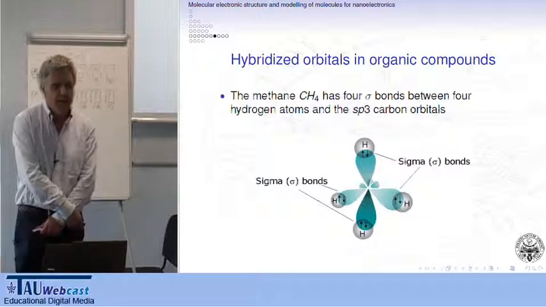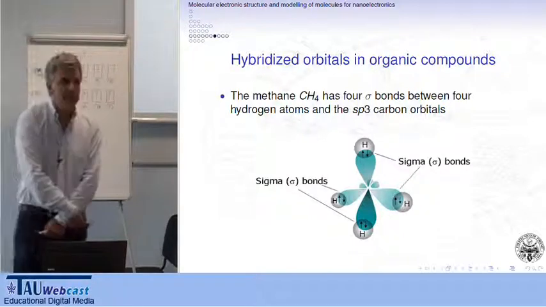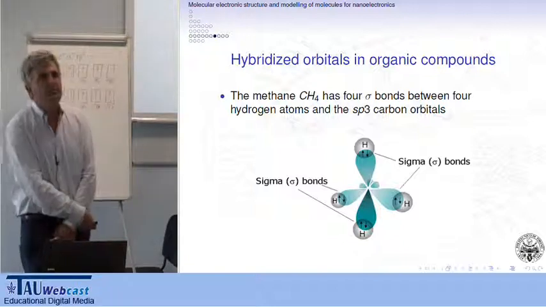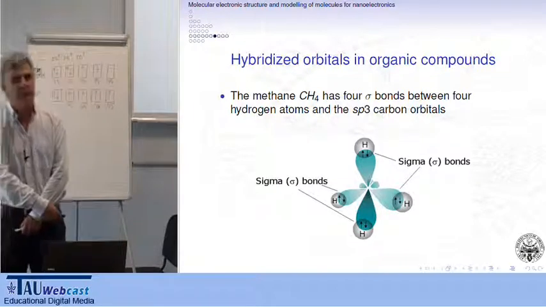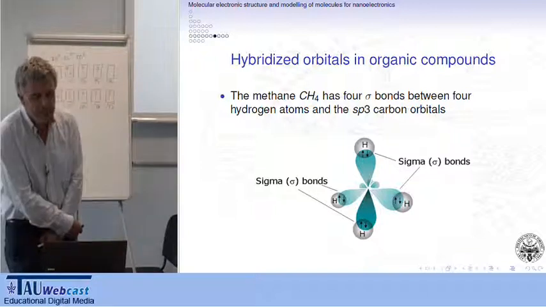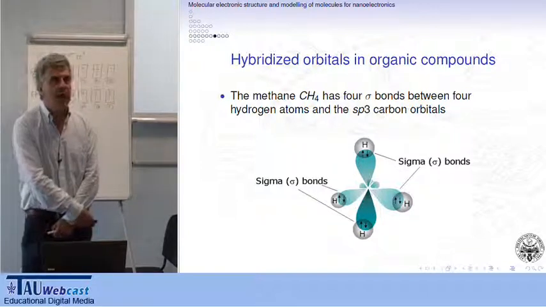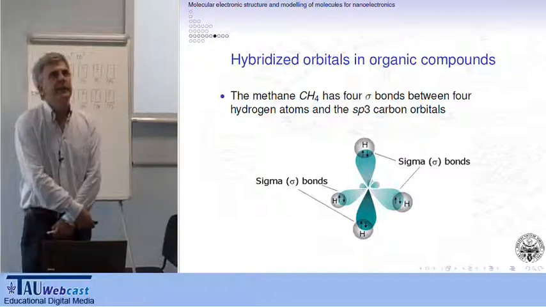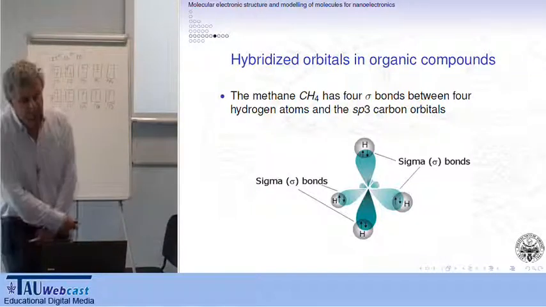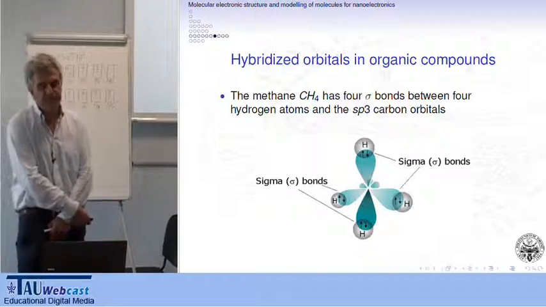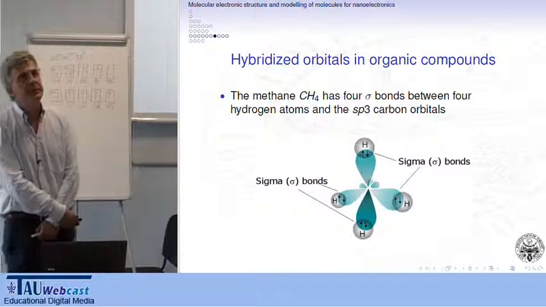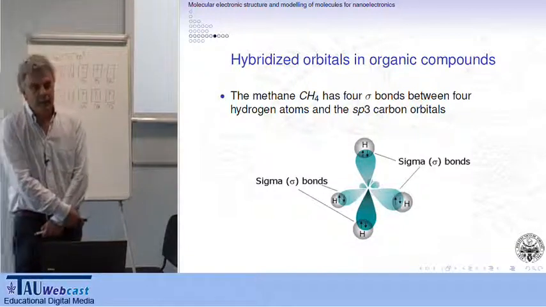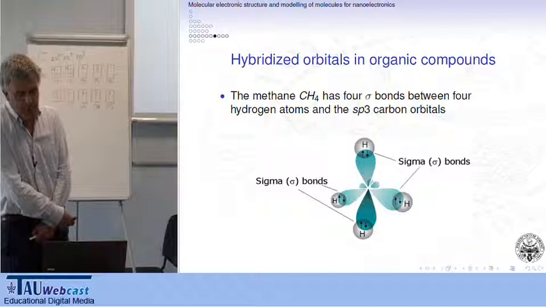So, first example. If we use excited carbon in sp3, with the 4 sp3 orbitals, we can produce methane, CH4, by bonding 4 hydrogen atoms with the sp3 orbitals.